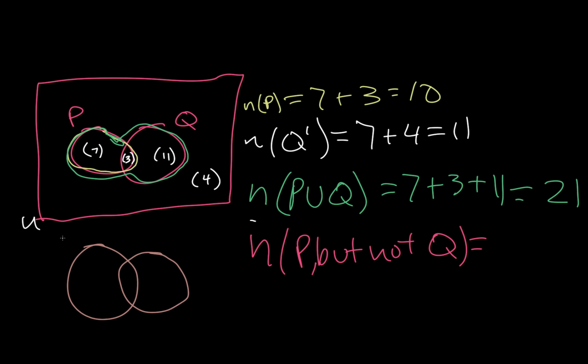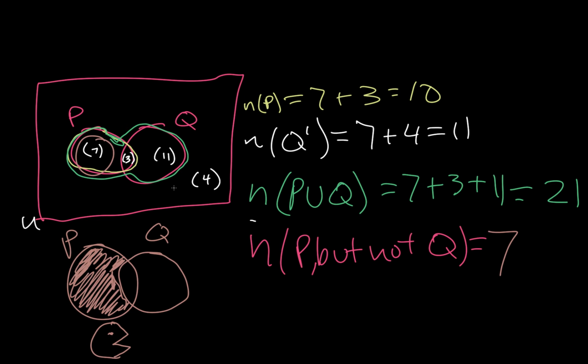If this is P and this is Q, when it says P not Q, it's saying the part that's P but not the intersection with Q. So it kind of looks like a Pac-Man. So the Pac-Man portion of P is just represented by the 7 right here.